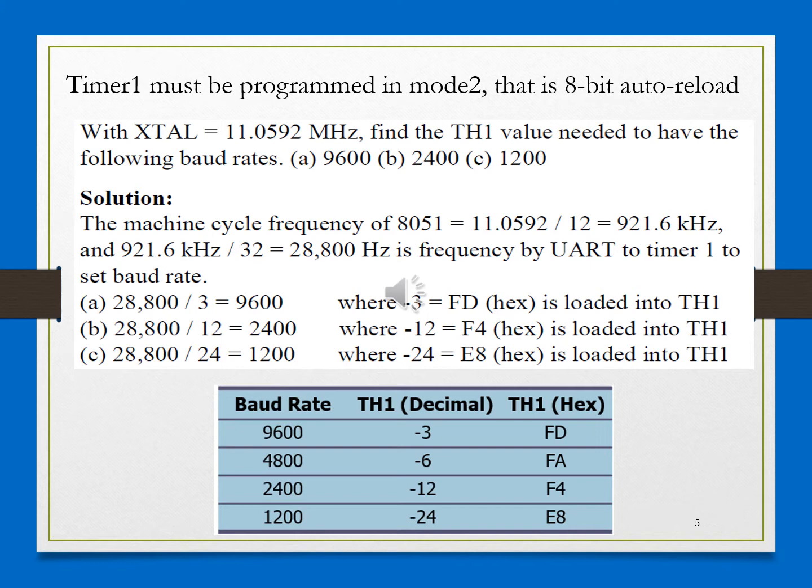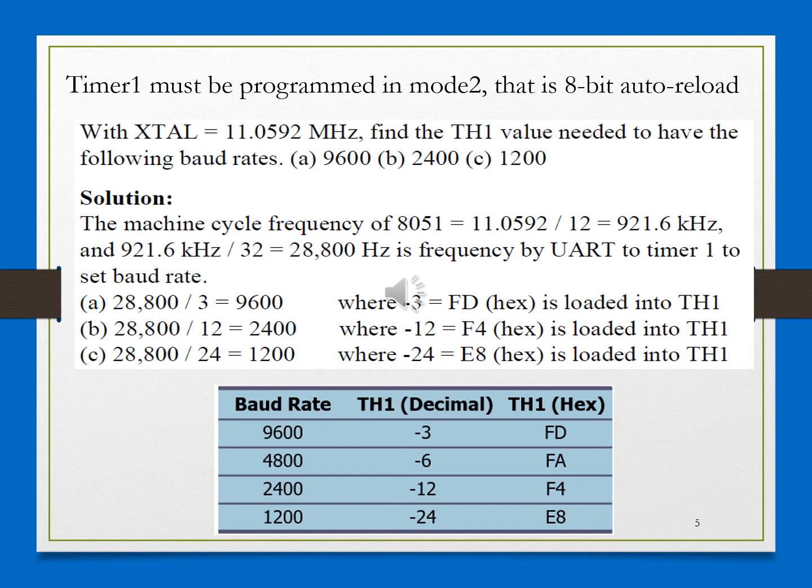Say, if you want the baud rate 9600, then the frequency you are getting, 28,800, you have to divide it by 3. So this decimal value, that is -3, can be loaded in the TH1 register, or FD in hexadecimal will be loaded into the TH1 register.